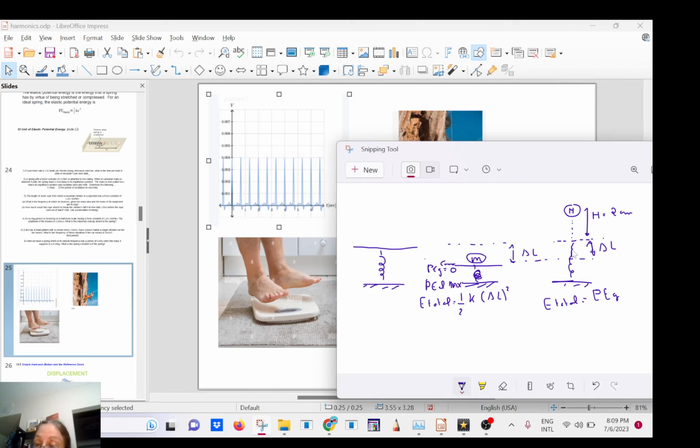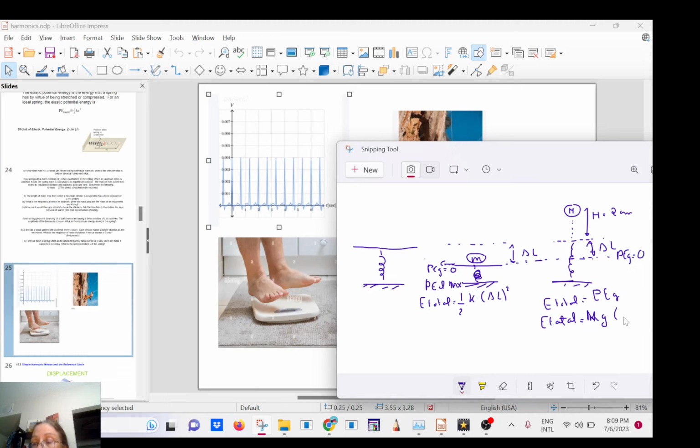It's not squeezed anymore, right? So the total energy here is going to be M, your mass, times G, times the height above level 0, where the gravitational potential energy equals 0.